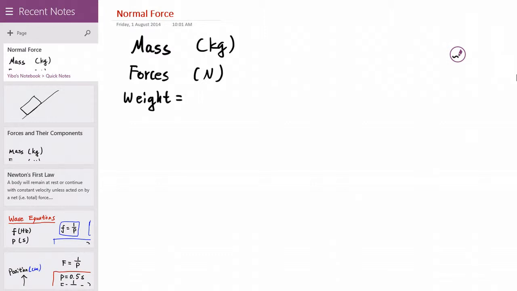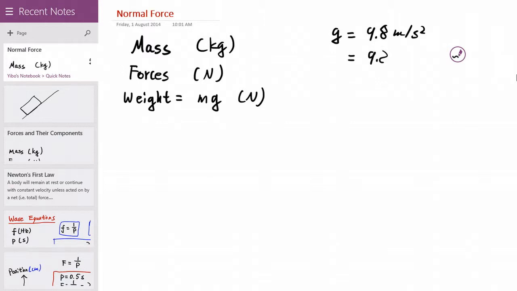Weight is measured in newtons, which is equal to mass times gravity, and the gravity is 9.8 meters per second squared, which is our acceleration. It also can be 9.8 newtons per kilogram.